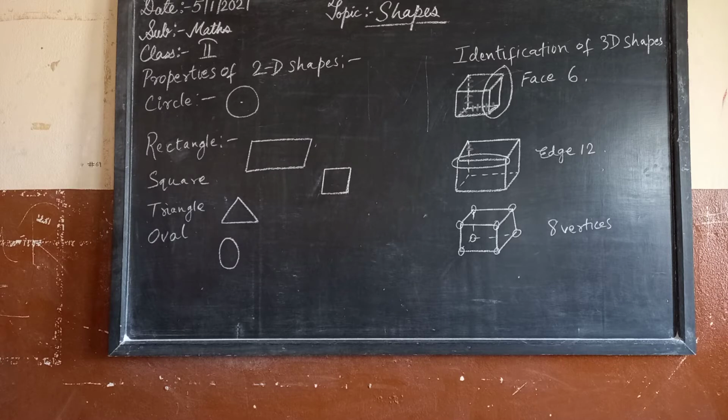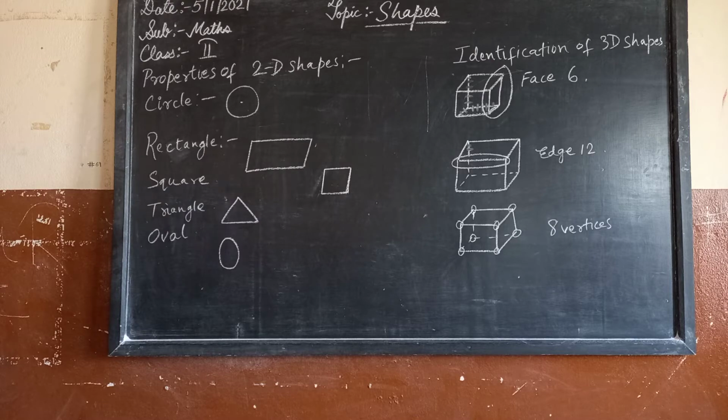Triangle has 3 sides and 3 corners, and it is not necessary that the 3 sides are equal to each other. Oval: the points on the boundary are not all at the same distance from the center.